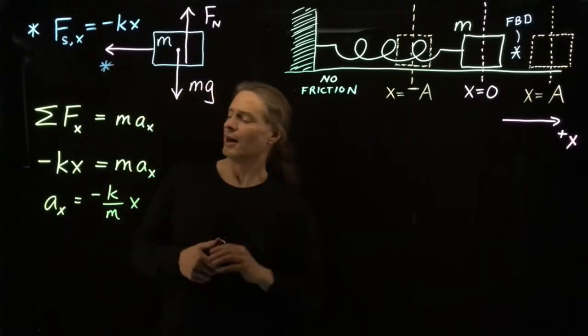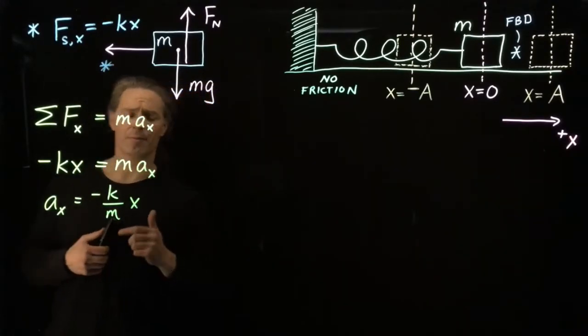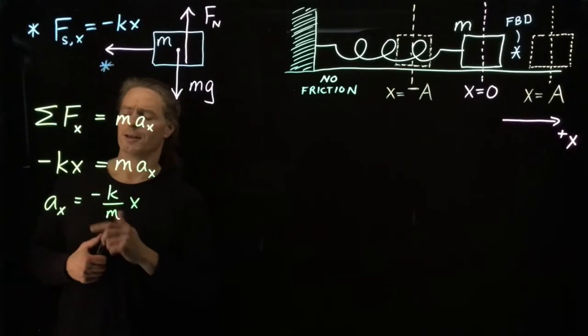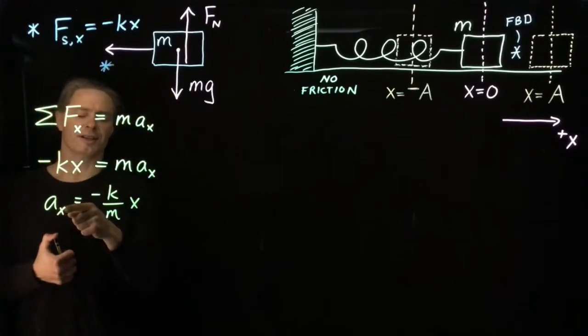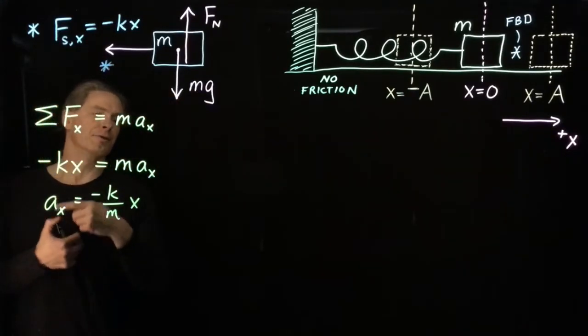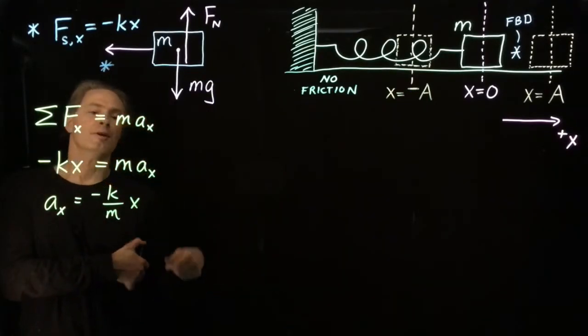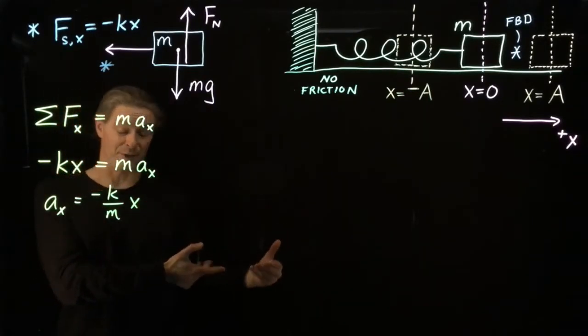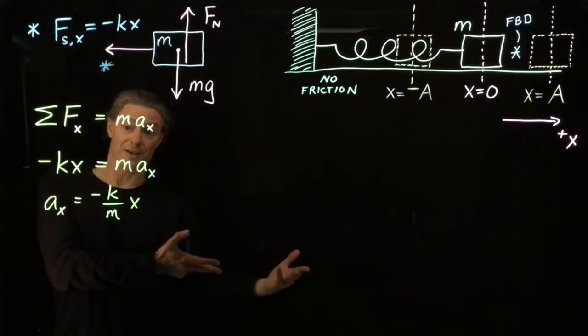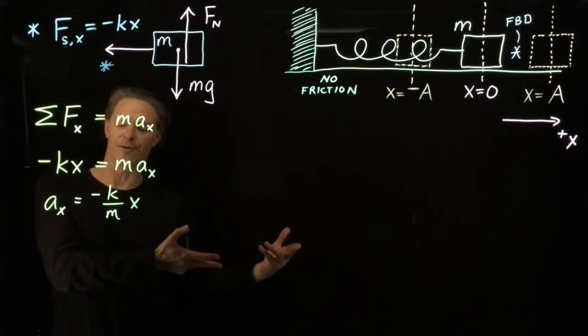All right. Now let's just do a little bit more work here. The acceleration in the x direction, that's the derivative of the x component of the velocity with respect to time. But the x component of the velocity is the derivative of the x coordinate with respect to time.